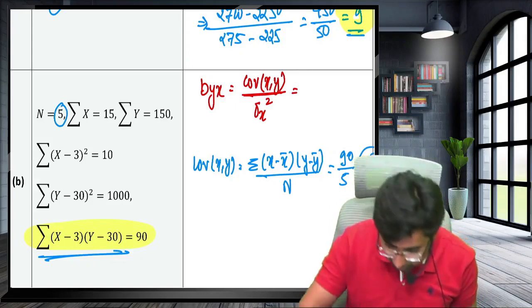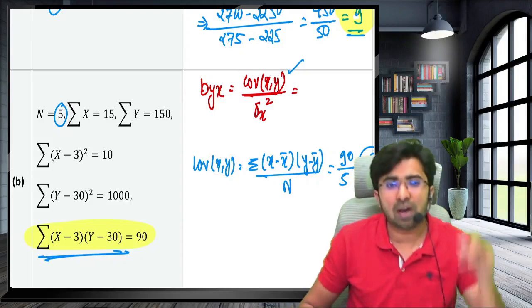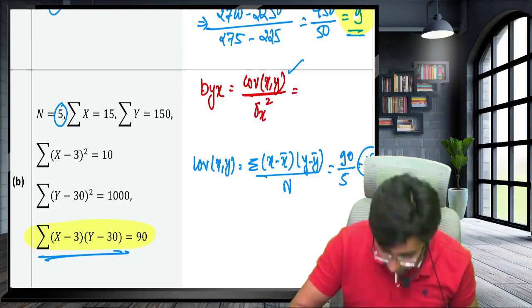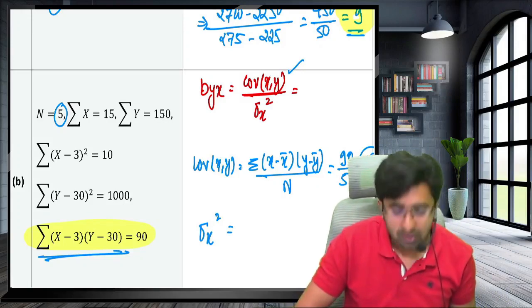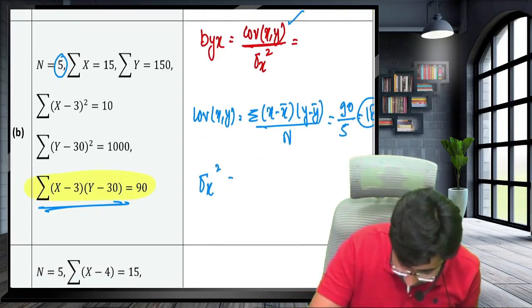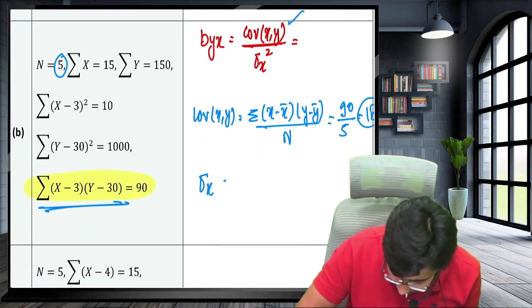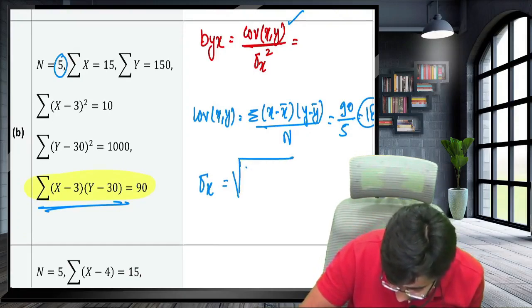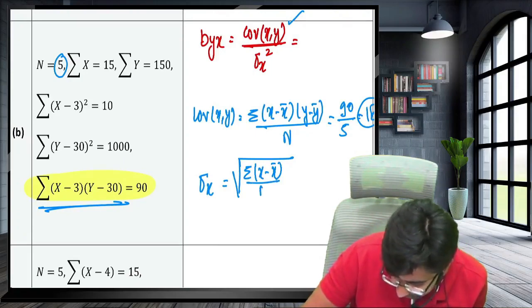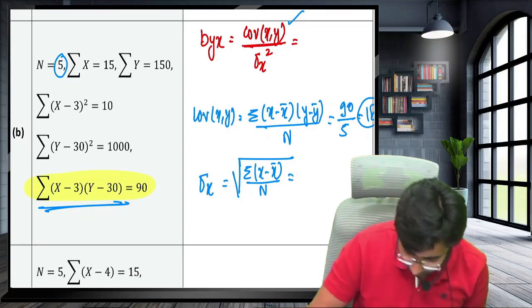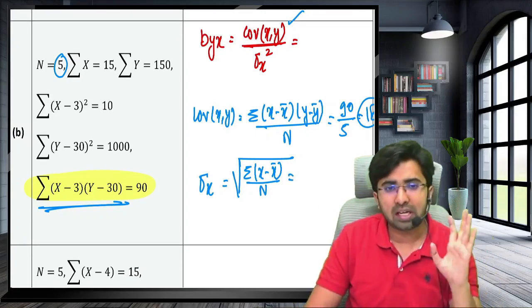So now I have the numerator of the formula. Now I want the denominator. That is, you want to calculate standard deviation of x whole square. Guys, can you calculate the standard deviation? Yes, sir. We can calculate the standard deviation of x. That is under root of summation of x minus x bar whole square divided by n. I want to calculate the square. Can I remove the under root?